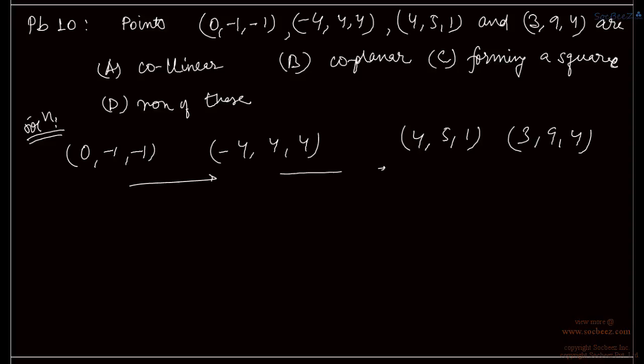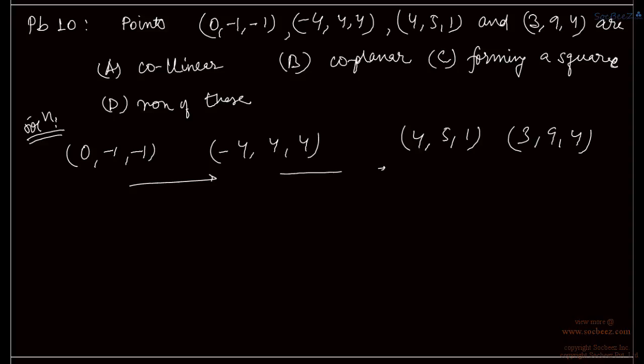All three vectors depend on each other. If it is collinear, then it must also be coplanar, right? So let us check whether these 4 points are coplanar or not.